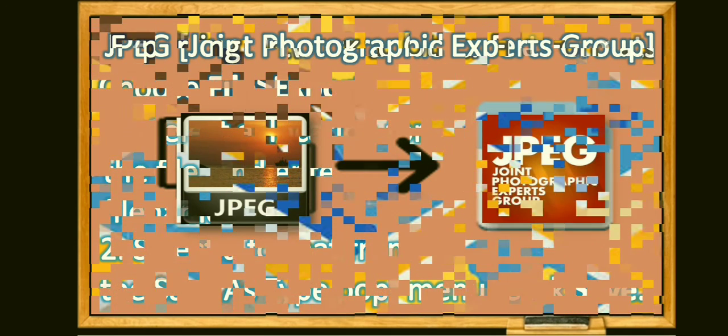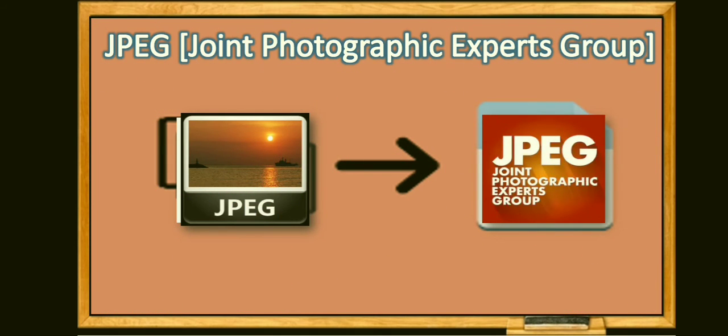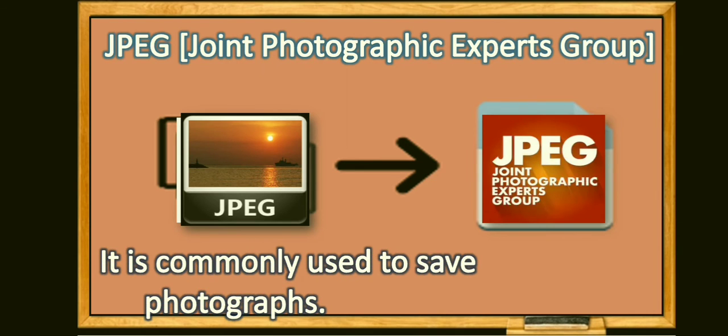JPEG, or Joint Photographic Experts Group, is commonly used to save photographs. The JPEG format retains all color information in an image. JPEG is also a standard format for displaying images over the web.